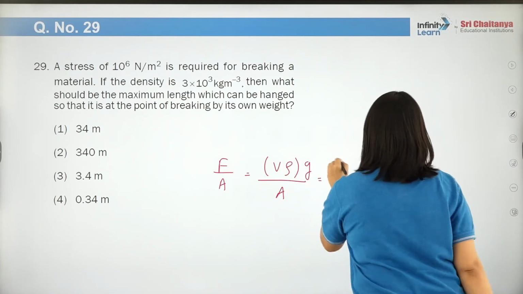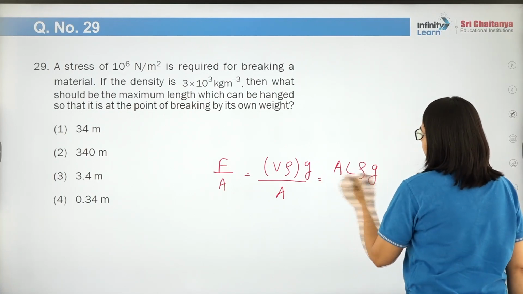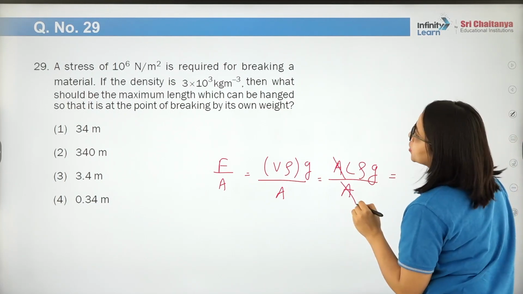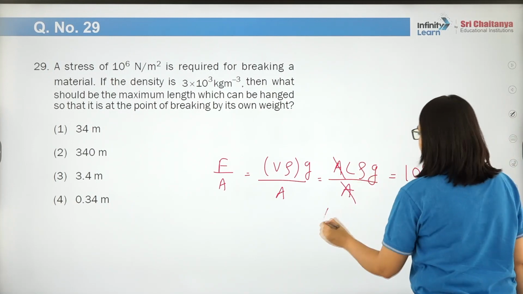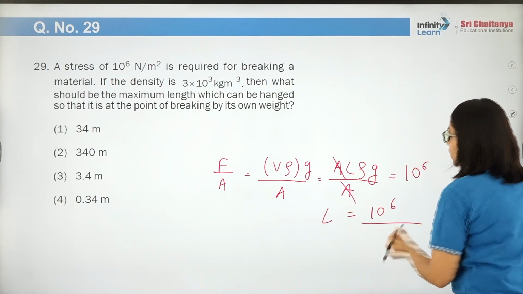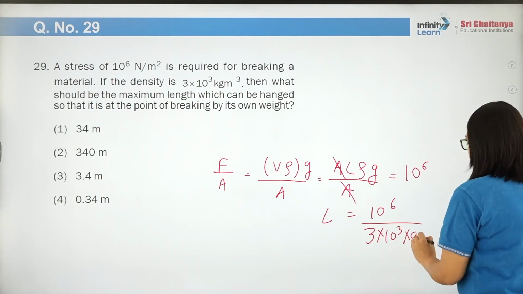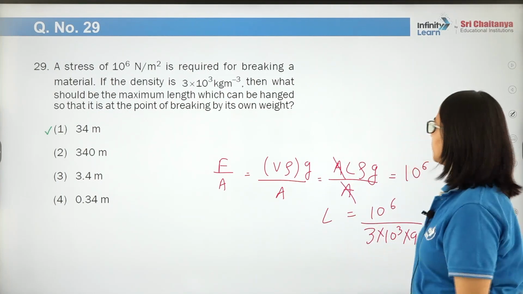Volume is area of cross section into length, into rho g divided by area, is equals to breaking stress, which is equal to 10 power 6. So L will be 10 power 6 divided by rho g. Rho is 3 into 10 power 3. G is 9.8. So after solving this one, we'll get correct answer as 34 meter.